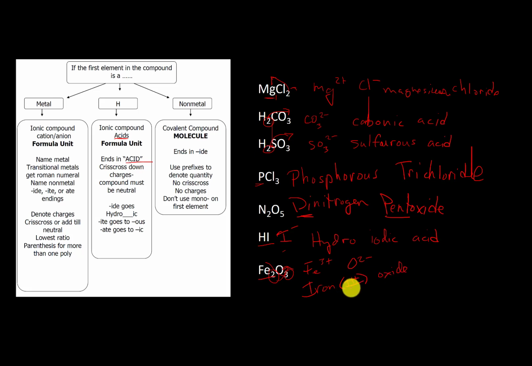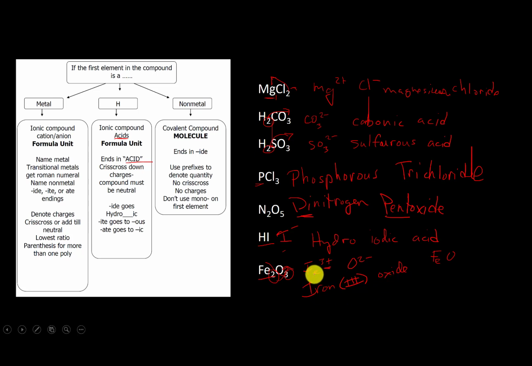Okay, so this Roman numeral 3 means that we have iron with a 3+ charge. If it would have been a 2+ charge, which it would have been had we had, for example, FeO, then it would have been iron 2 oxide. But in this case, we had iron with a 3+ charge, so that made iron 3 oxide.